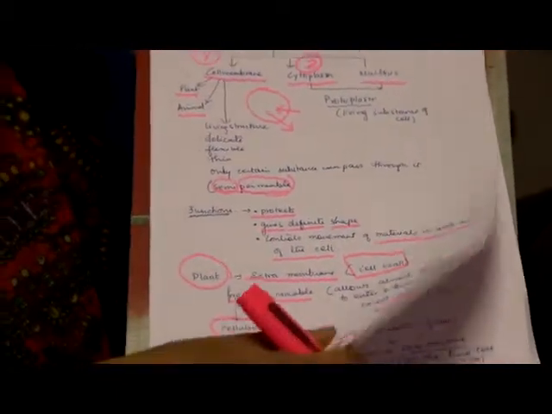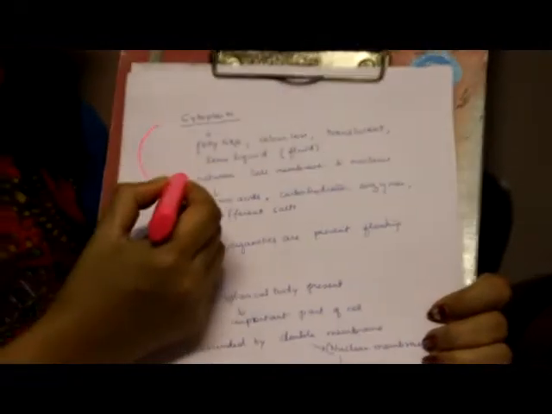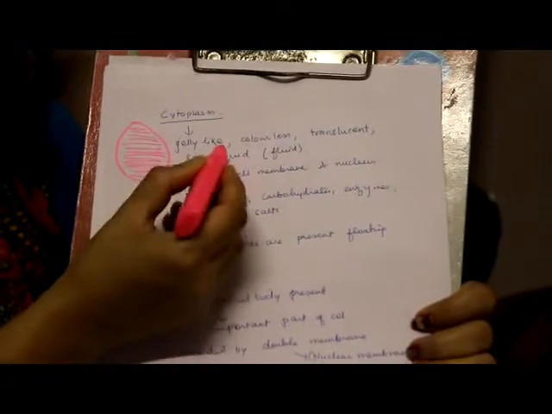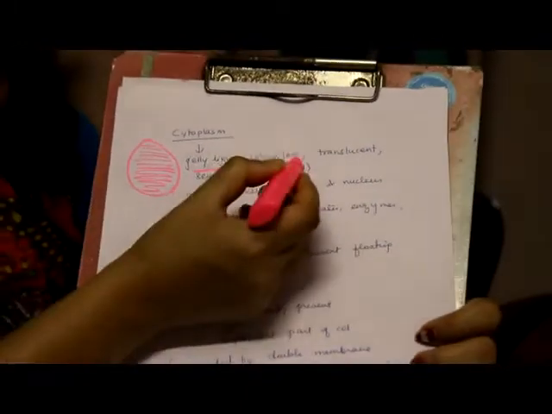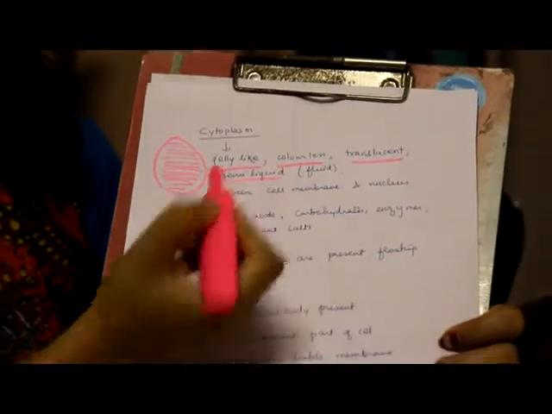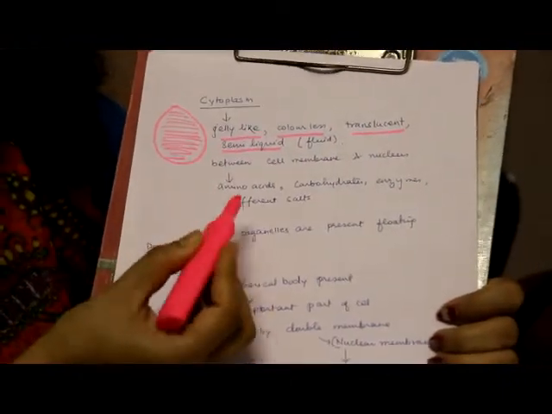Please remember cytoplasm. The cytoplasm is there inside the cell like a jelly-like substance. It is colorless, translucent, and semi-liquid in nature.